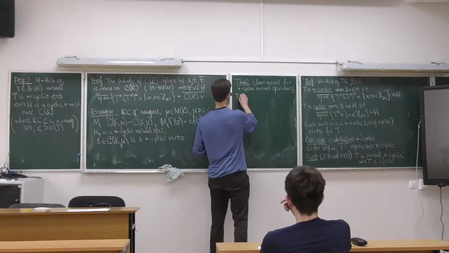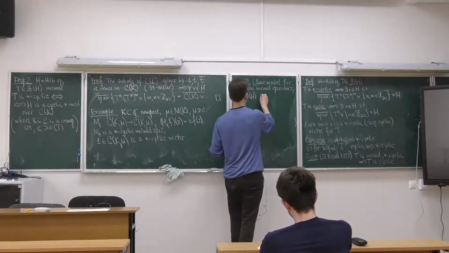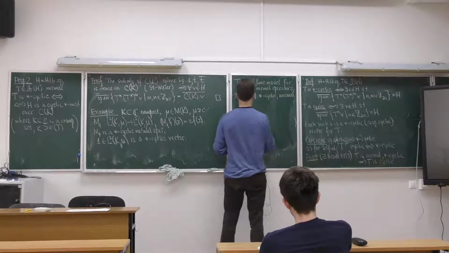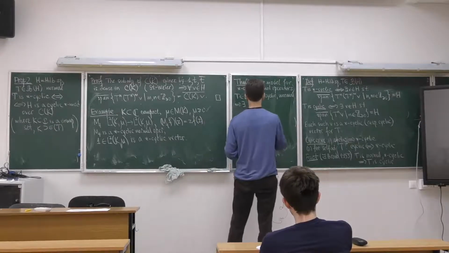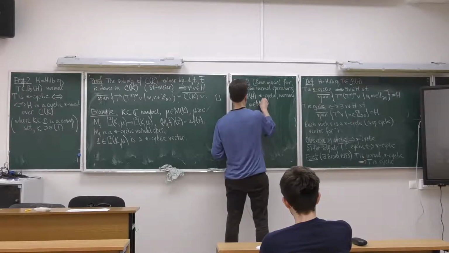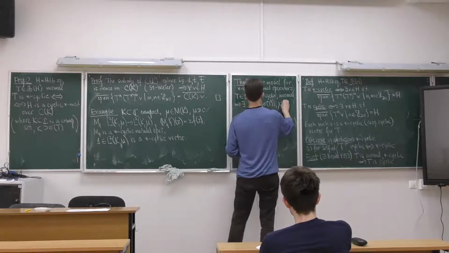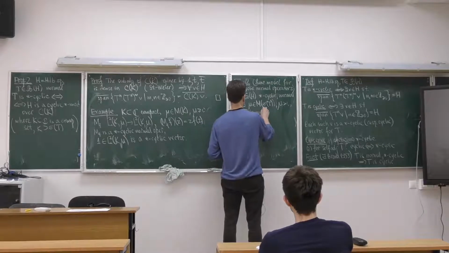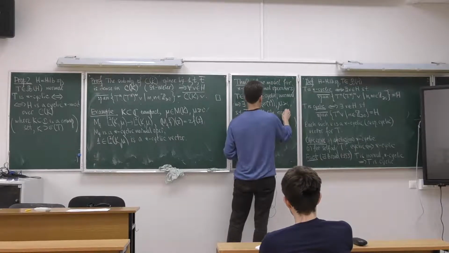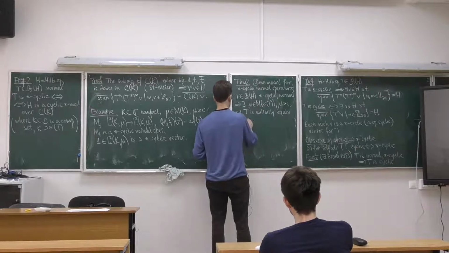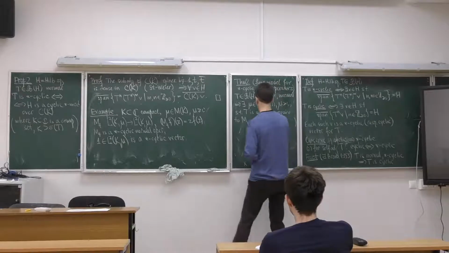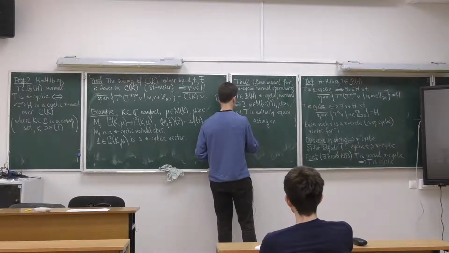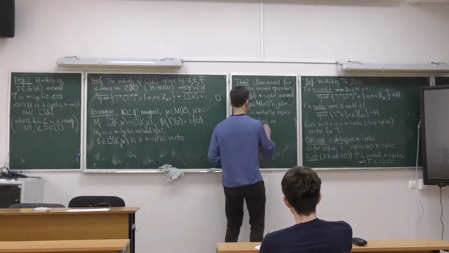So if T is a star cyclic normal operator on the Hilbert space H, then there exists a positive Radon measure on the spectrum, such that T is unitarily equivalent to the operator MT described in this example, and acting on the L2 space on the spectrum with respect to the measure mu.